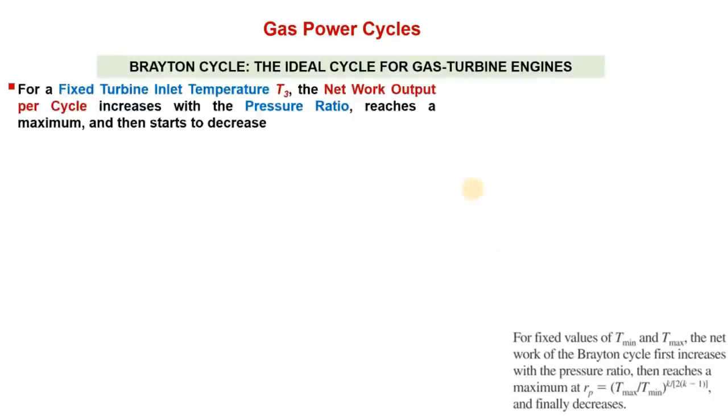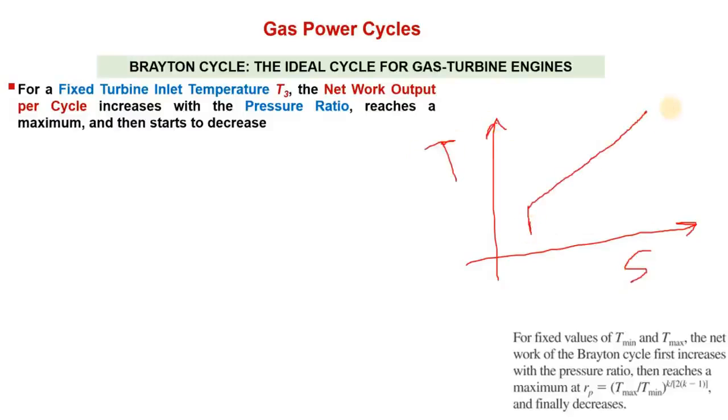Now for a fixed turbine inlet temperature, what does this mean? For example, I draw a curve on the TS diagram. Now we know this is the Brayton cycle, right? And this is the maximum temperature.